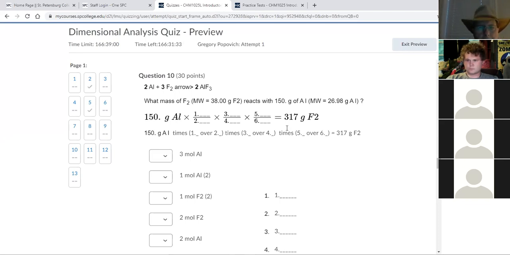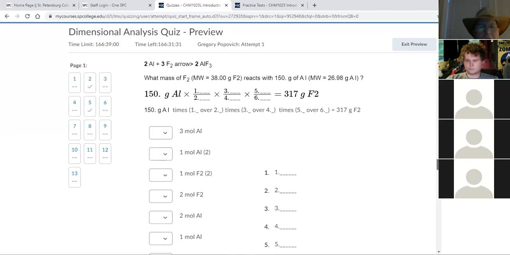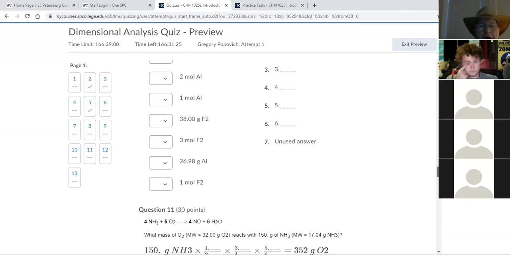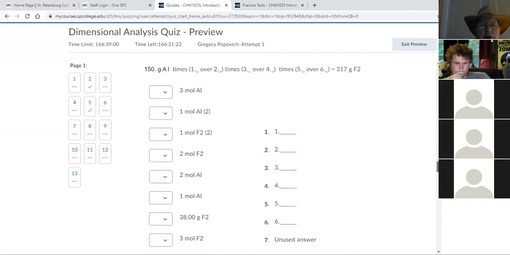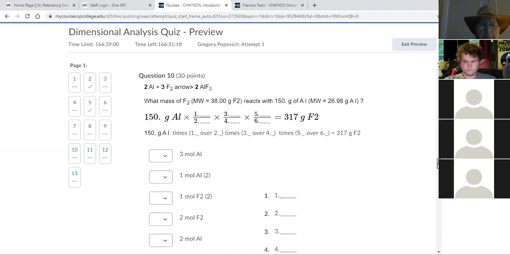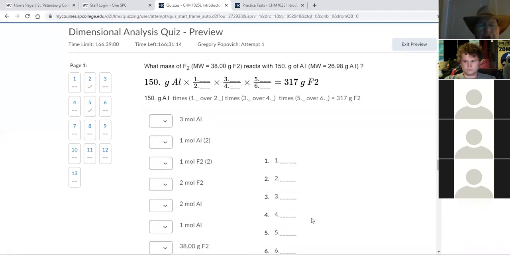So, what goes in position 1? Remember, first step, we're trying to make moles of aluminum. 1 mole of aluminum. All right, you notice I got 2 choices here. I got 1 mole of aluminum and I got 1 mole of aluminum, parentheses 2.